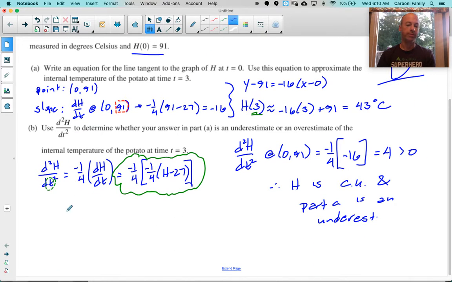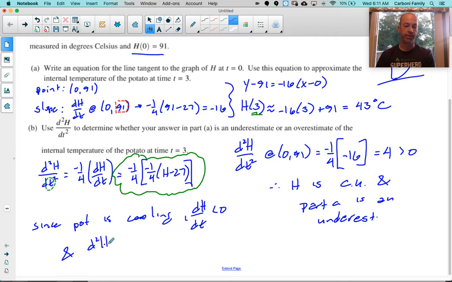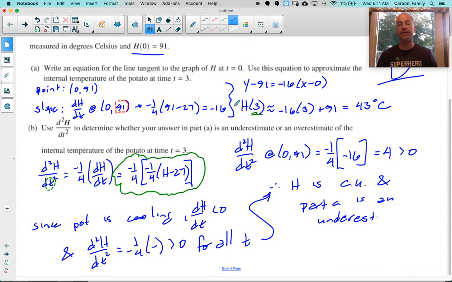And so since the potato is cooling, that means that dh/dt is negative, and therefore my second derivative is going to be negative 1/4 times some negative value, and my second derivative is positive for all values of t. And then I could conclude that the function h is concave up always, not just specifically at the point (0, 91), but is concave up for all values of t.